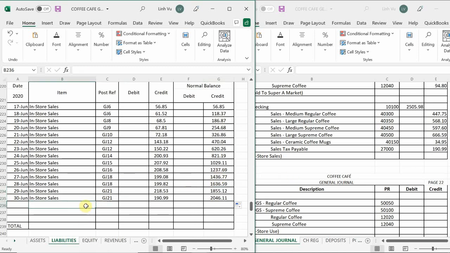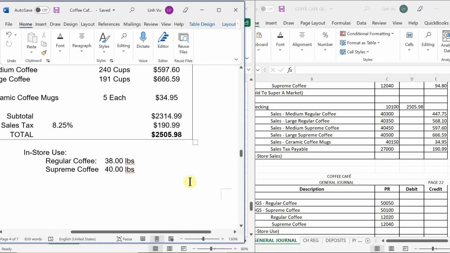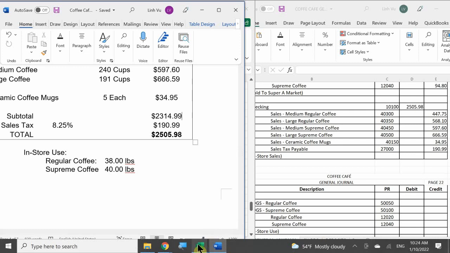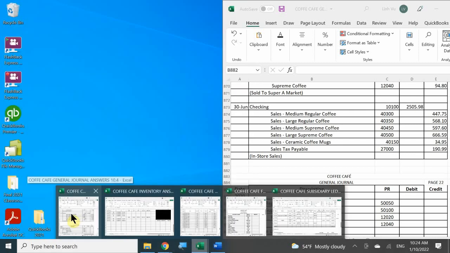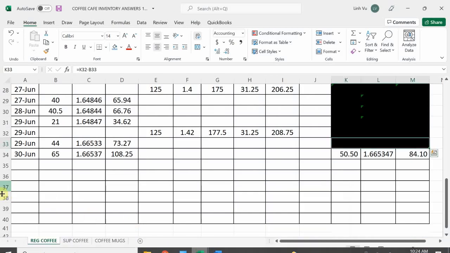All right. Now that that's done, last but not least, we needed to calculate the cost of goods sold because in this case, I used 38 pounds of regular coffee and I used 40 pounds of Supreme coffee. So, inventory worksheet. Regular coffee.